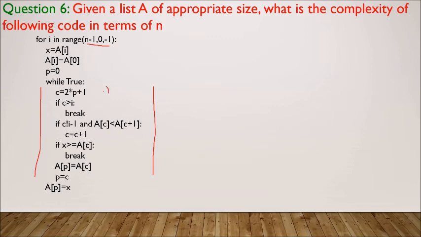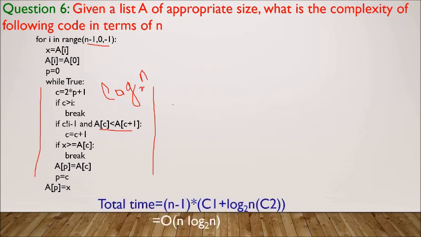So basically the efficiency of this will be log of n, because this will be totally dependent on the input, and the comparisons and assignments will depend on the input. So it will be log n to the base 2. Finally the complexity will involve n minus 1, because for the first loop I have taken n minus 1 into C1.